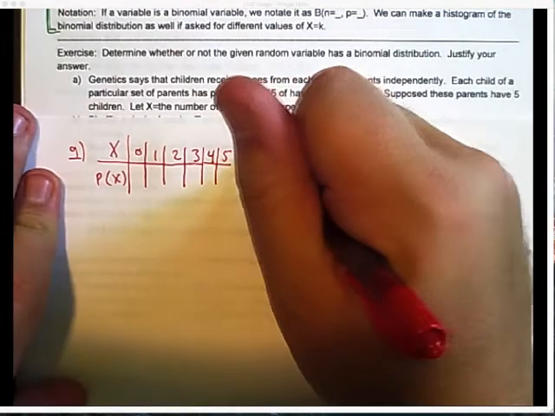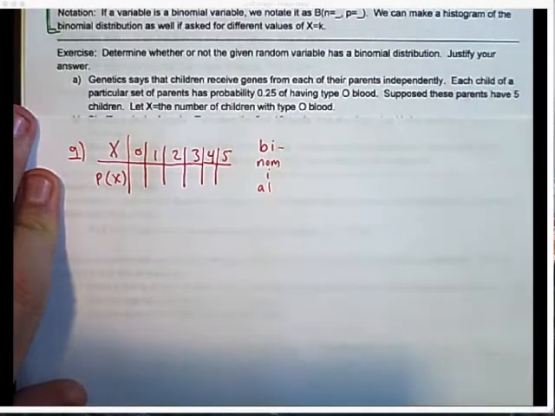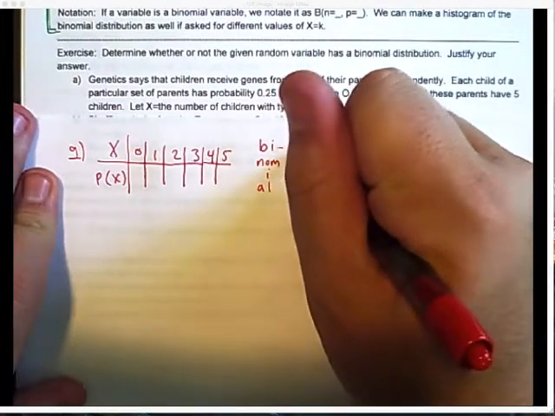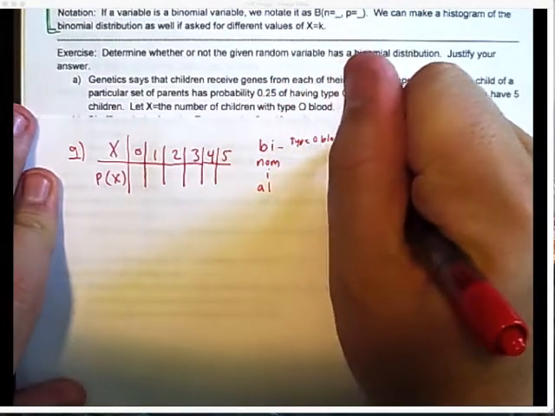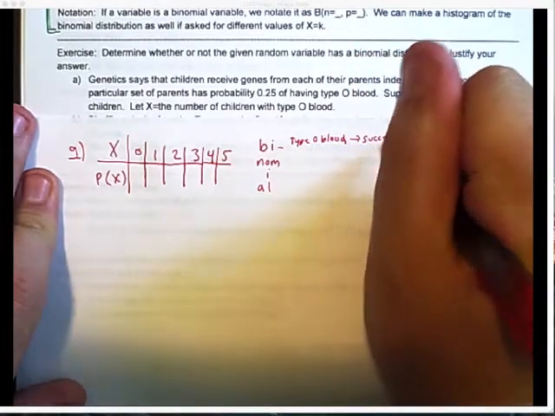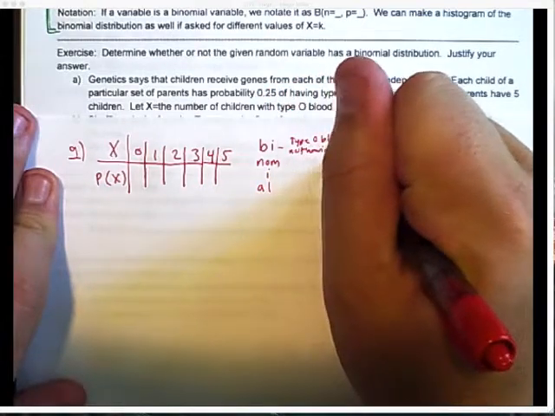Okay. So let's go through these conditions. Do we only have 2 outcomes? Well, a child could have type O blood, which would be considered a success, and not having O blood would be considered a failure.